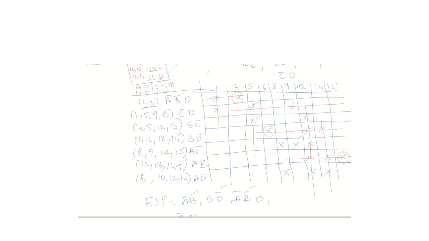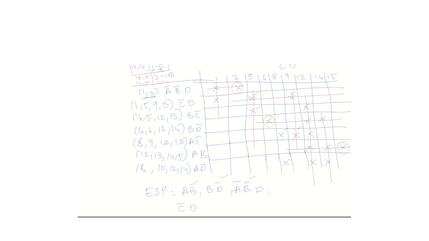So I'll cross this and this. If I had chosen something else, then my expression would be different. So now I am left with this choice, so AC bar would be my prime implicant, PI.